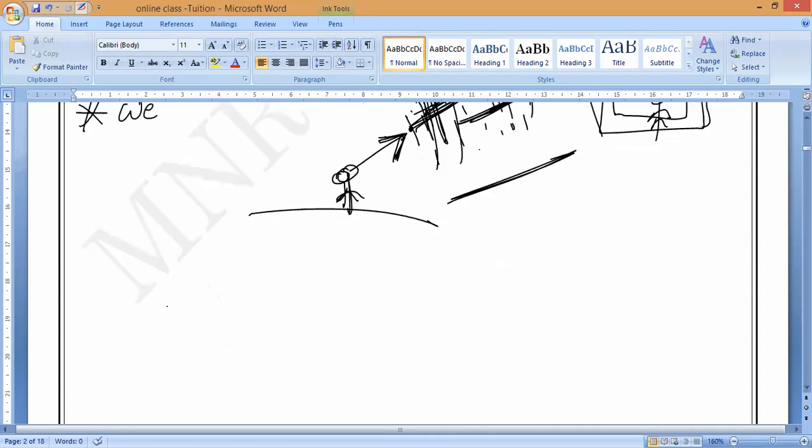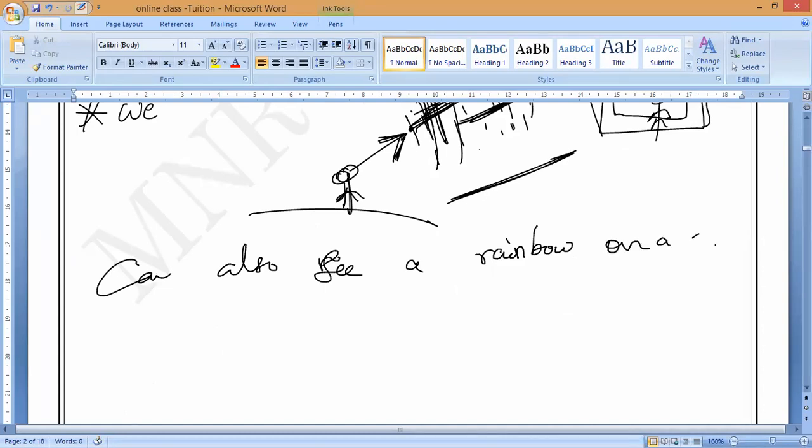We can also see a rainbow on a sunny day.